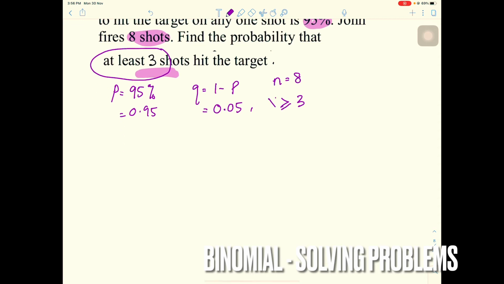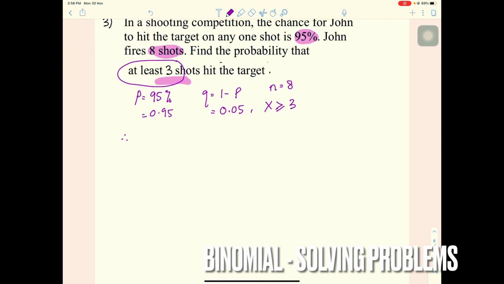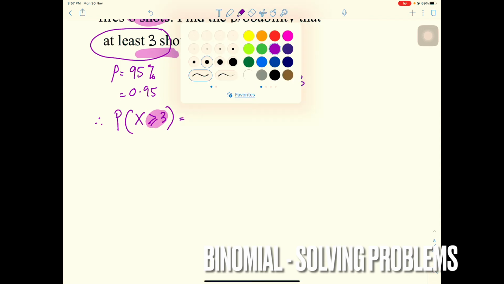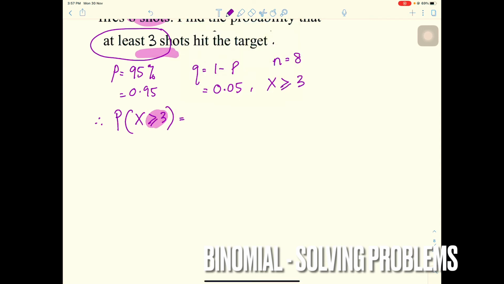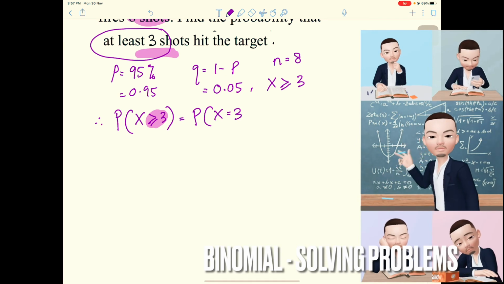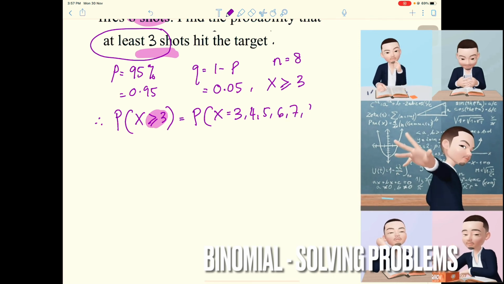This is for x. And then how to construct the equation of probability? Find the probability that at least 3 shots hit the target. Because 3 is included, we start with x equals 3, then after 3 comes 4, 5, 6, 7 and 8.